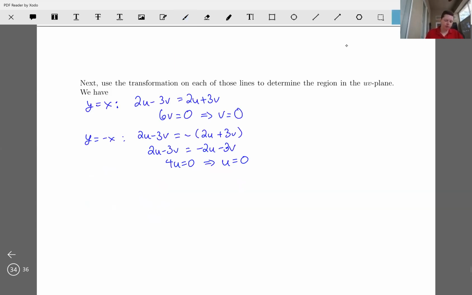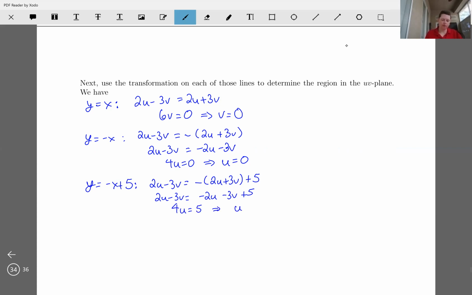And for the line y equals negative x plus 5, we're going to have 2u minus 3v is equal to negative of the quantity 2u plus 3v, plus 5. Again, doing our algebra, we're going to see that 4u is equal to 5, so u is equal to 5/4.